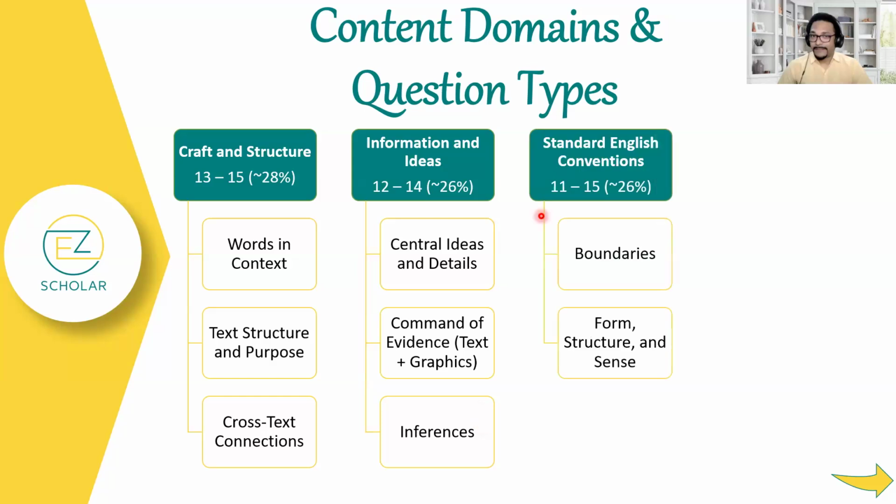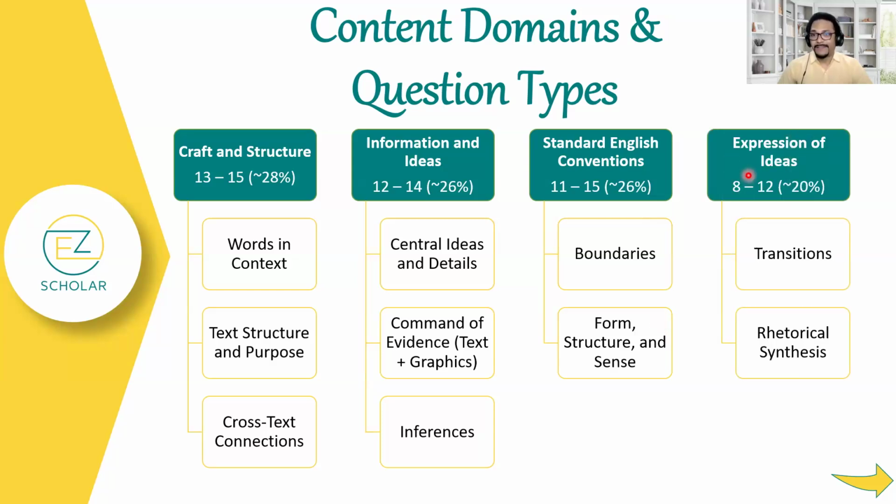The third domain is the standard English conventions, which has 11 to 15 questions and a rough weightage of 26%. The question types are boundaries, where your understanding of the punctuation marks is tested, and then form, structure, and sense, where your knowledge of grammar rules is assessed. Finally, you have expression of ideas, which has 8 to 12 questions with a rough weightage of 20%.